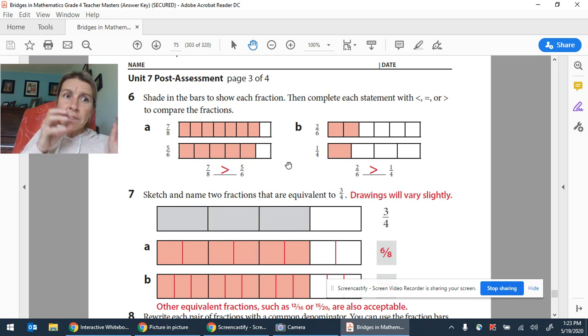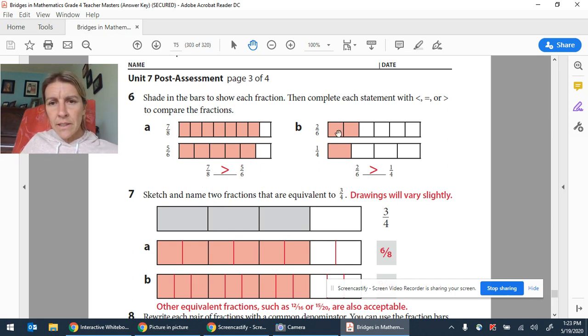So just act like those are the same candy bars, same size. You divided the first one up into 8 pieces. You divided the second one into 6. And if you had 7/8 and if you had 5 out of the 6, 7/8 is the route to go because it's greater. And look, the alligator mouth always eats up the greater fraction.